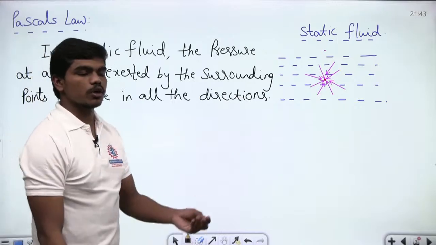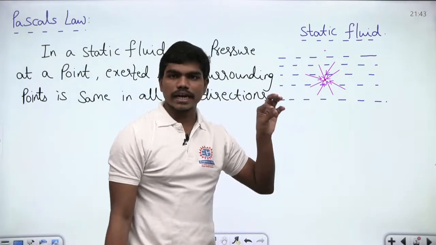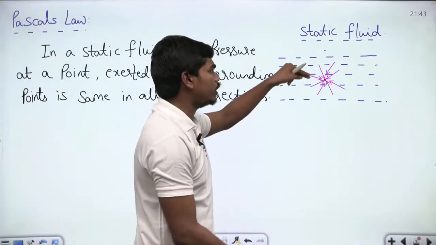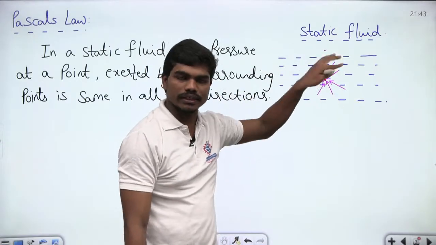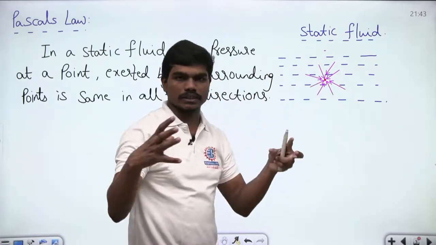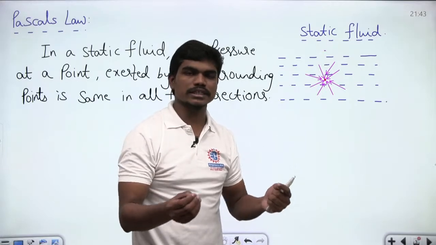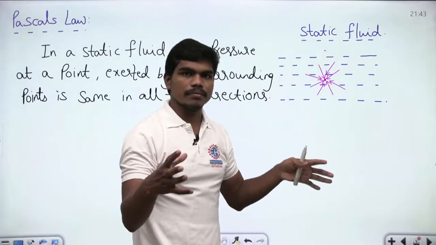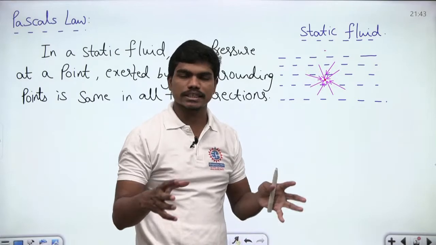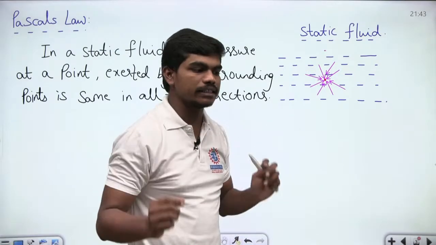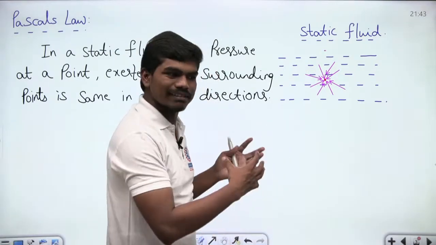This is what Pascal told us, correct? So if you take any static fluid, and locate a point within this bulk fluid, then at that point the pressure will be the same. Of course it is normal compressive stress, but that point will experience the same normal stress, compressive in nature, from all the directions. Now let us try to identify how this is happening.